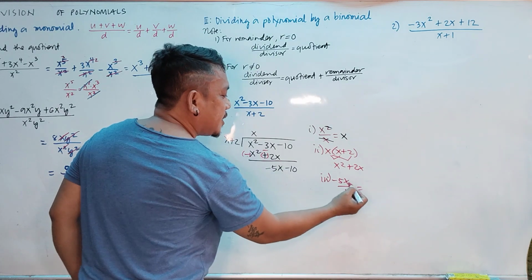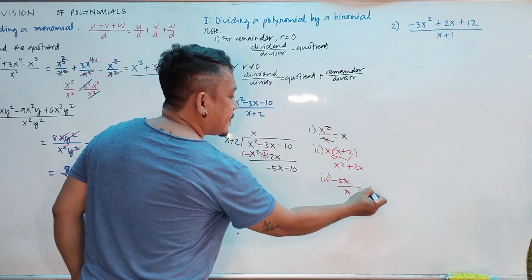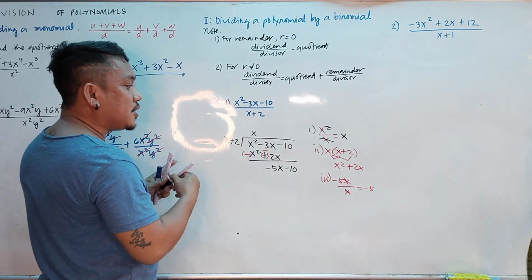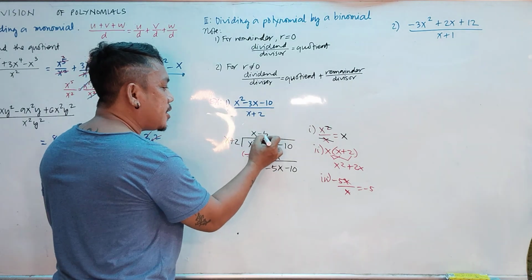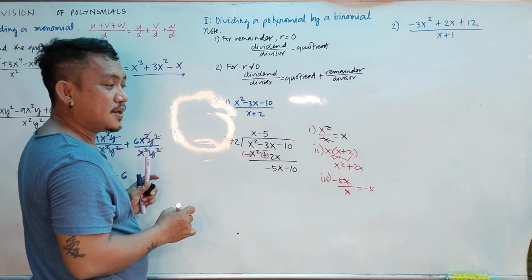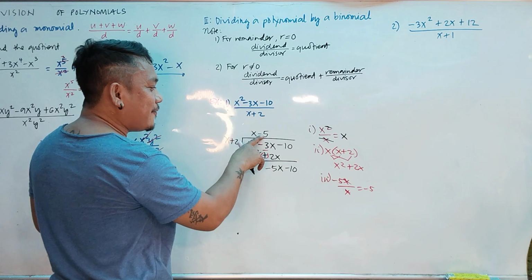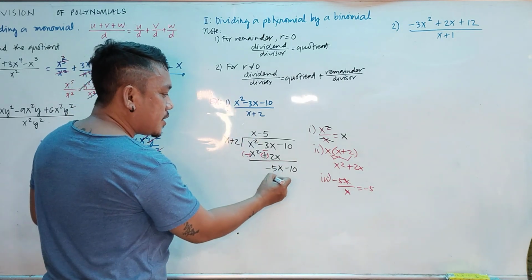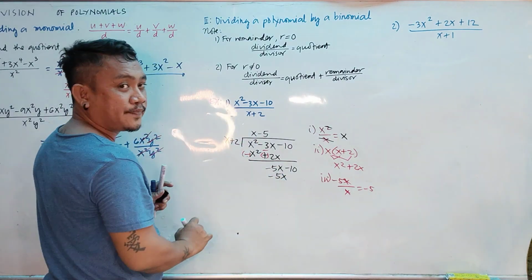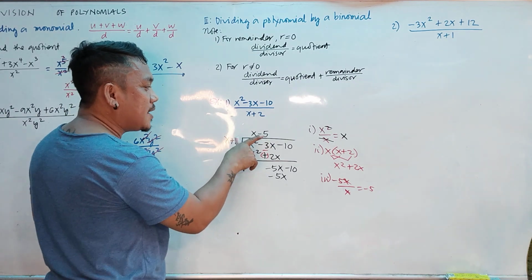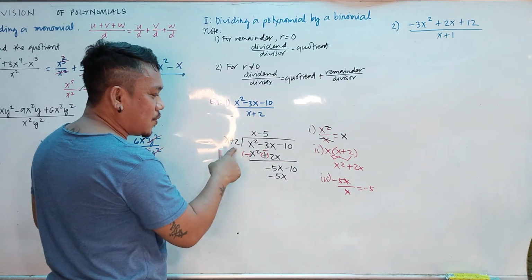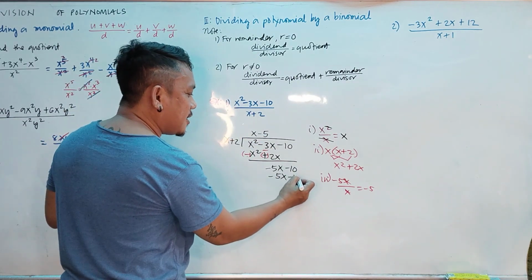So, what would be your answer? Cancel x, you have negative 5. So, in other words, we'll write minus 5 here. Negative 5 times x, negative 5x. Negative 5 times positive 2, that is negative 10.